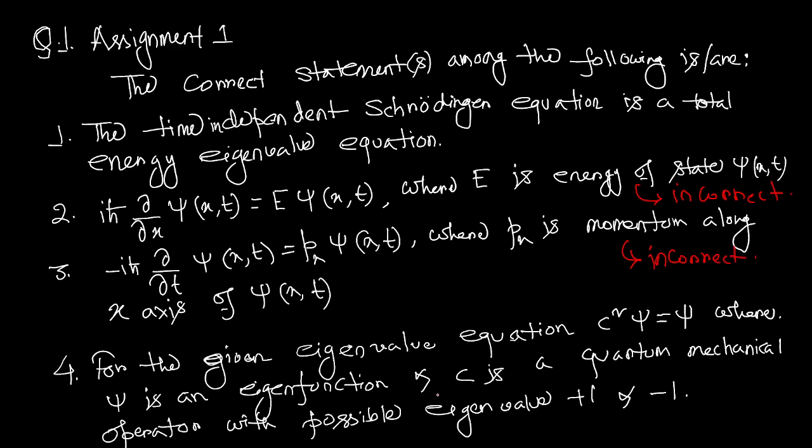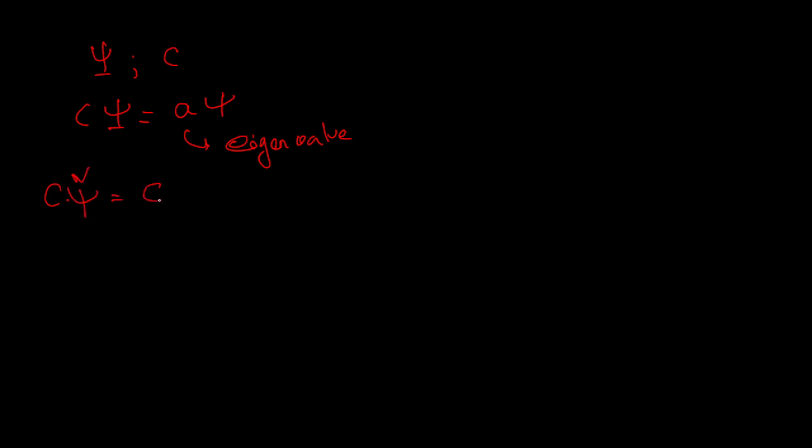Now, for a given eigenvalue equation, if c square psi is a square psi, then what will be the eigenvalue? If you take psi and c is an operator, then c psi equals a psi, and a will be the eigenvalue. Next, if we take c square psi, that means c of c psi, which is c of a psi.